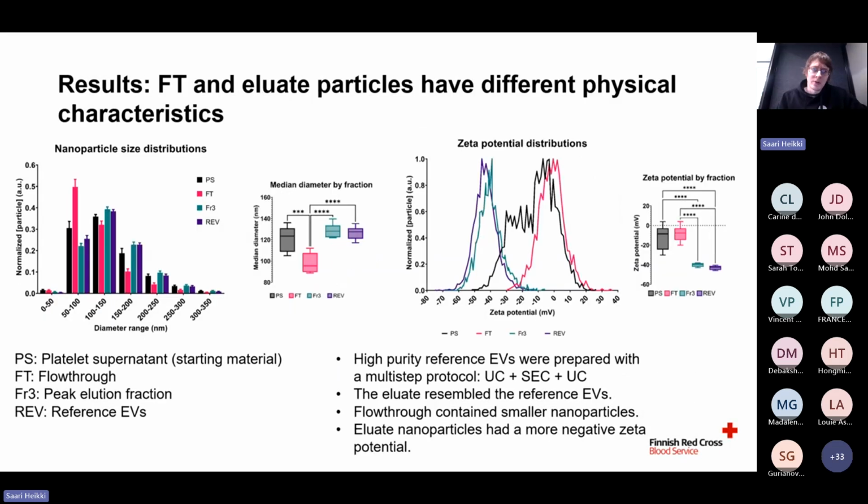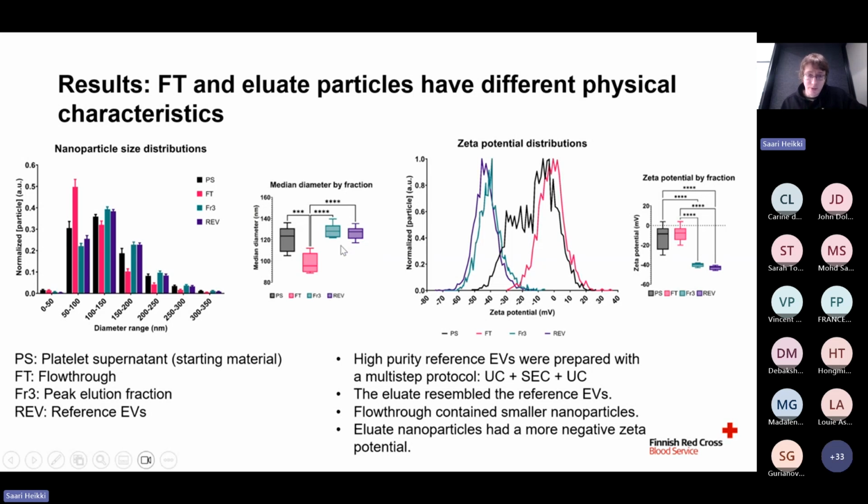Looking at the physical characteristics of these particles, we find that the flow-through particles are first of all smaller in size compared to EVs. As a reference, we purified EVs with another method using serial ultracentrifugation, so these are very pure.